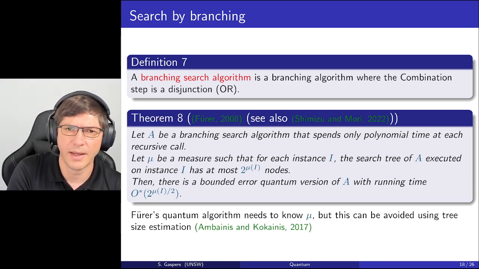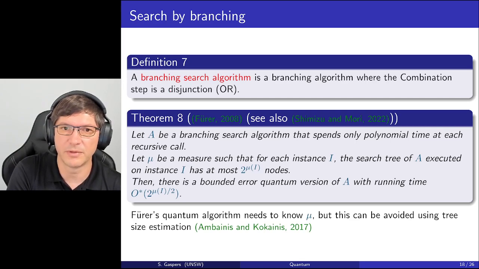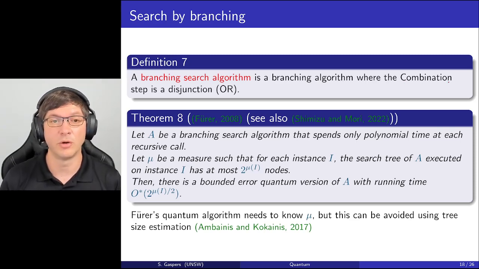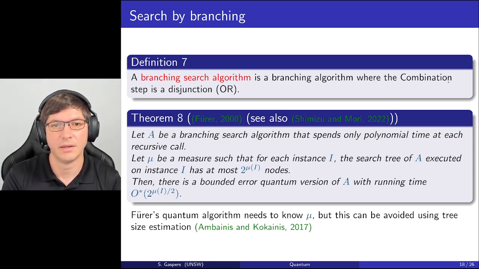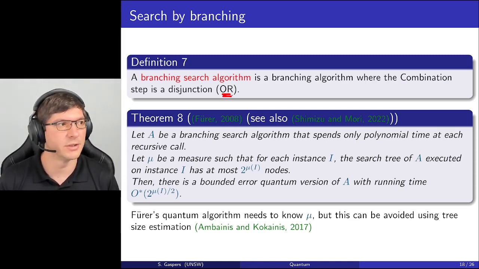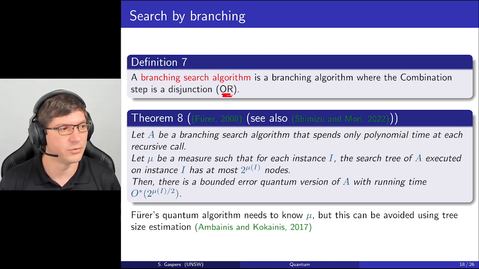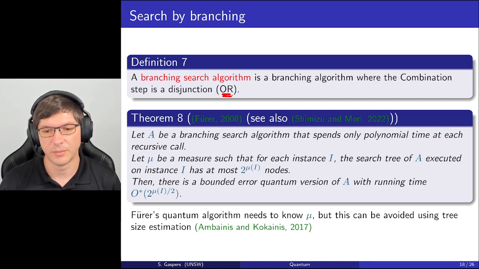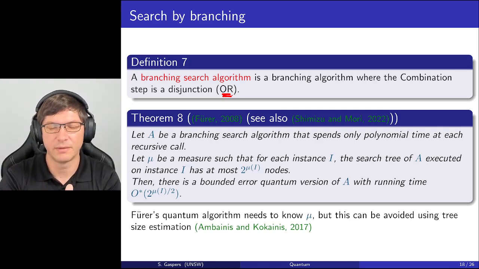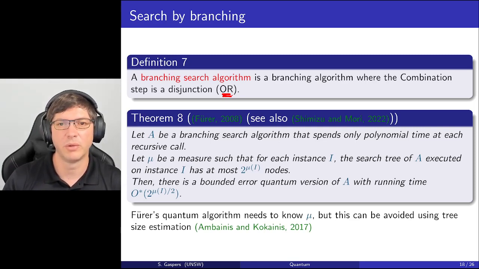And now we look at a specific class of branching algorithms that require that this combination step at the end is just a simple OR. So it's just a disjunction of the solutions that we find. So basically, our algorithm will return yes if for at least one of the subproblems we returned yes.